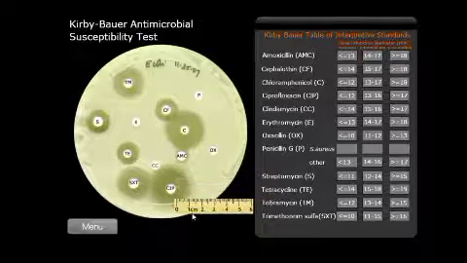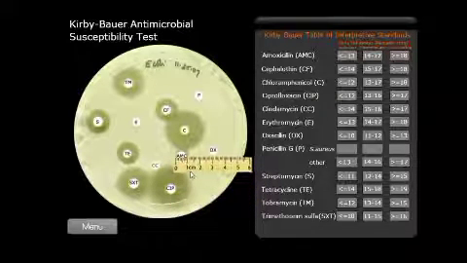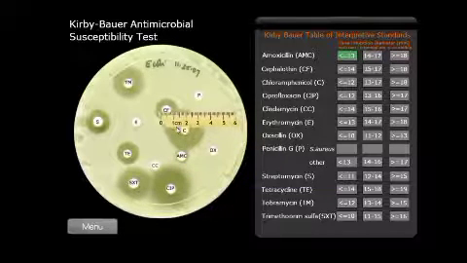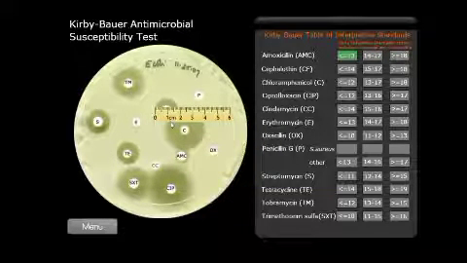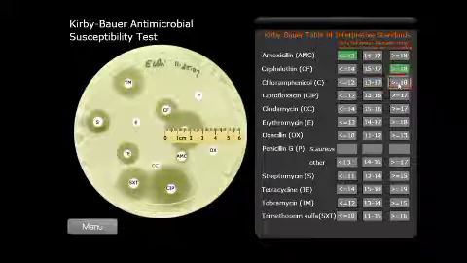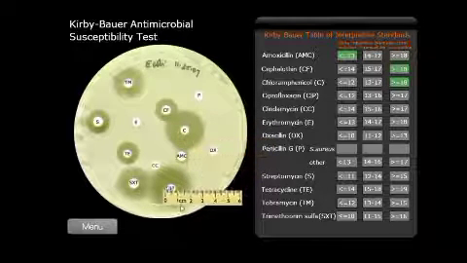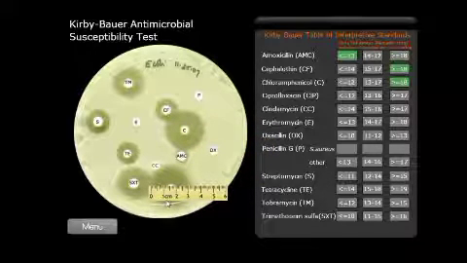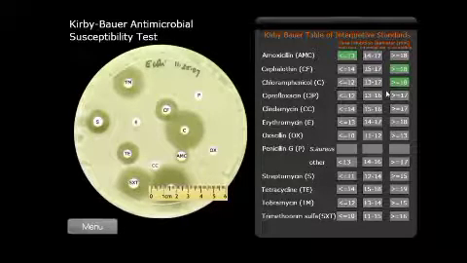First is AMC, 12, which is resistant. CF, 18, which is susceptible. C, 30, which is susceptible. CIP, 30, which is susceptible.